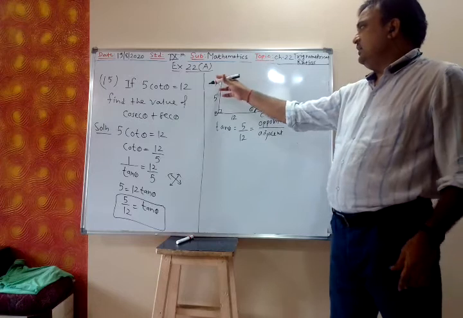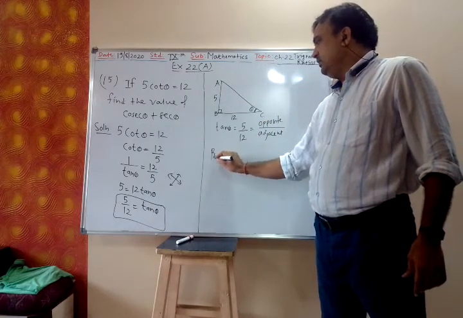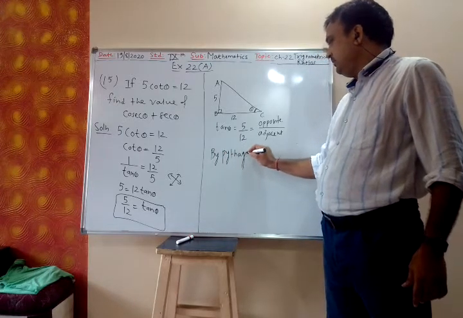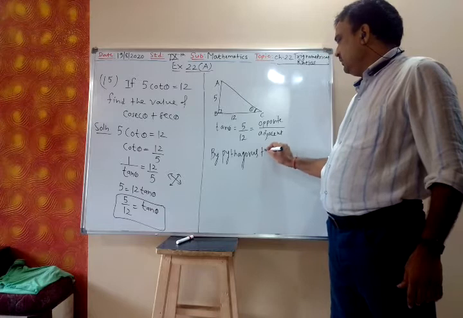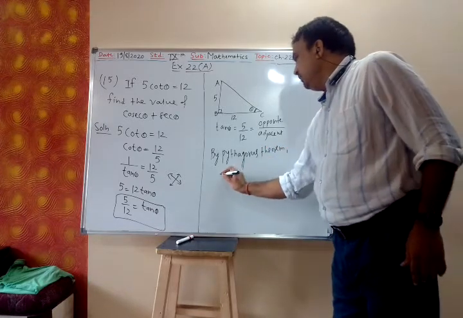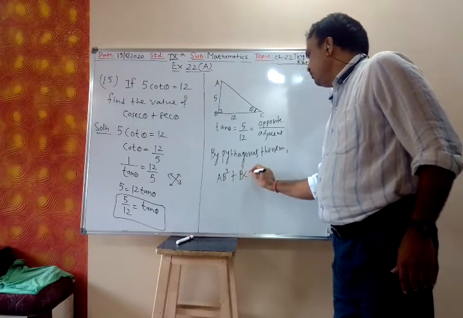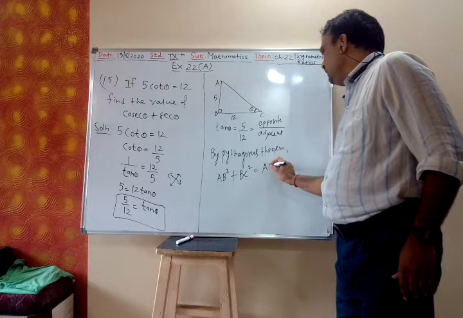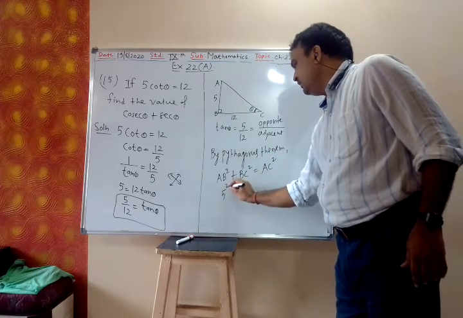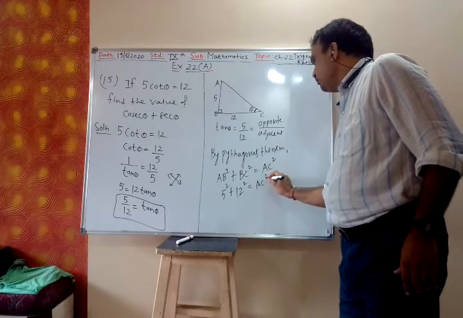Now using Pythagoras theorem, we find AC. By Pythagoras theorem, AB square plus BC square is equal to AC square. AC is the hypotenuse because B is 90 degrees. So 5 square plus 12 square is equal to AC square.